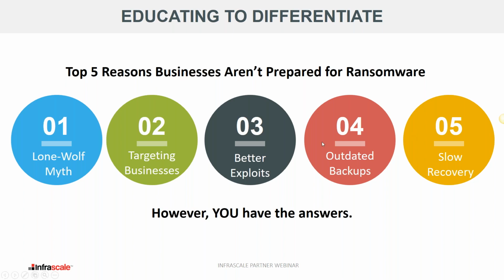And then you have these talk tracks, and this talk track goes through all the different reasons people aren't prepared. And of course, as you're doing this presentation, you're creating a challenge and a tension, but you have the relief. You have the answers. So that's what we're doing. You create this tension, and then the only way to get tension relief is to take the next step with you.